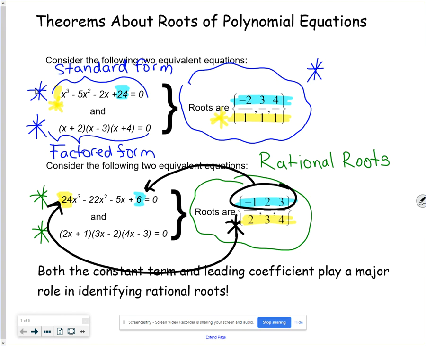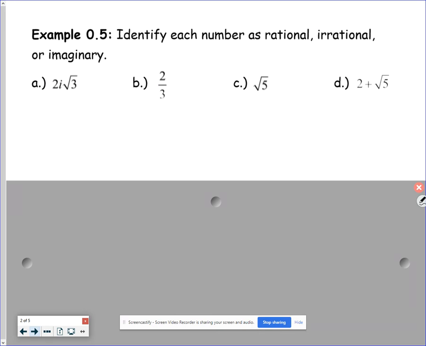But before we move on, I want to make sure you understand what it means to be a rational root. I want you to be able to look at some roots and tell me whether they're rational, irrational, or imaginary. So I have 4 examples of roots up here. To be rational, it means you can write it as a fraction using only integers.